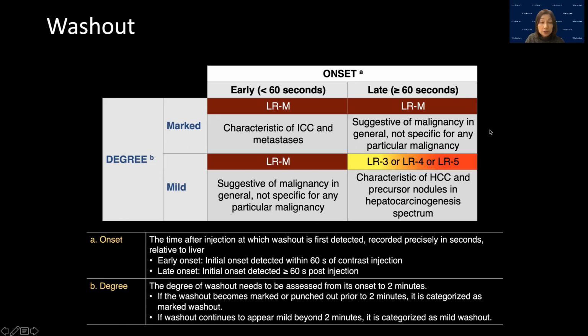If the washout is really marked, like a block or punched out by 2 minutes, it's called marked washout, and others are mild washout. So if either early washout or marked washout, these will be LIRADS M, and only late and mild washout will be LIRADS 3 or 4 or 5, again depending on the size and the presence of AFI.